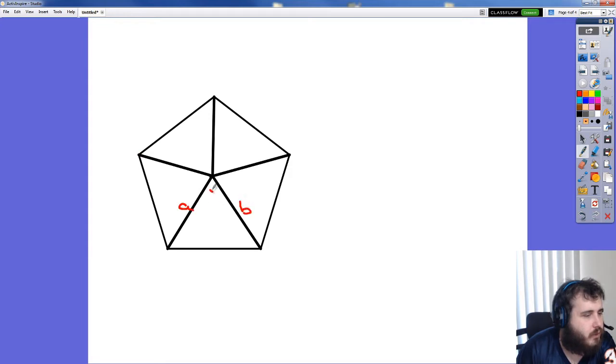So if I knew side A here, I knew side B here, and I knew the angle X in the middle, let me put a little angle sign here. Angle degrees. So A, B, and X degrees. I can get a formula for the area of the triangle that is workable.